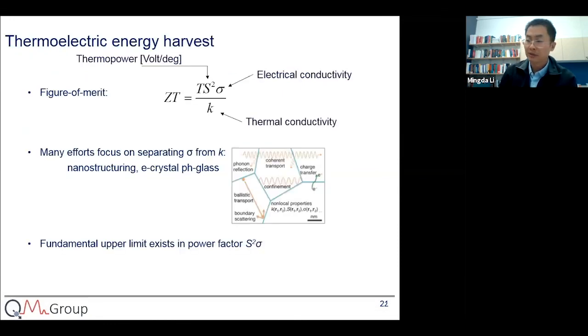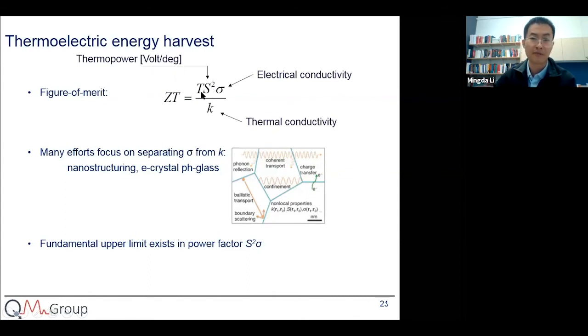So that's about using this singularity to harvest thermoelectric energy and break this upper limit by an order of magnitude. Thermoelectrics is a way to convert waste heat directly into useful electricity. The overall efficiency is directly linked to a dimensionless constant called ZT. It's proportional to temperature T and to the so-called thermopower S, which has units of volt per degree.